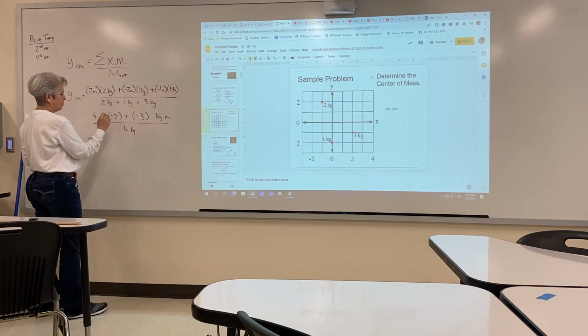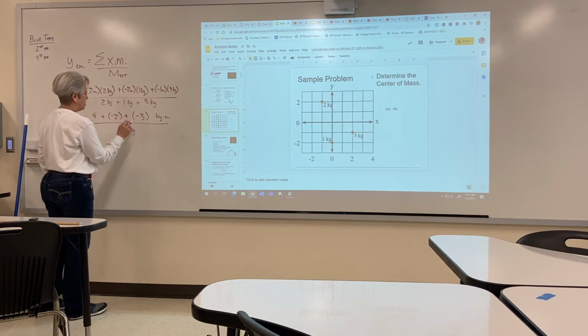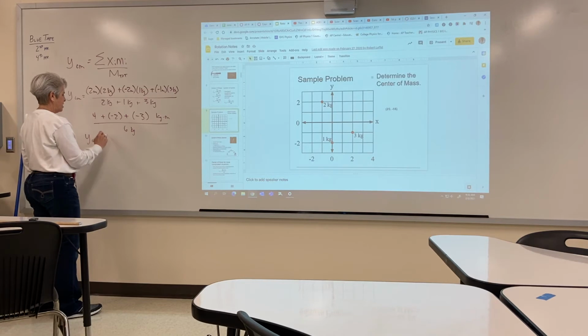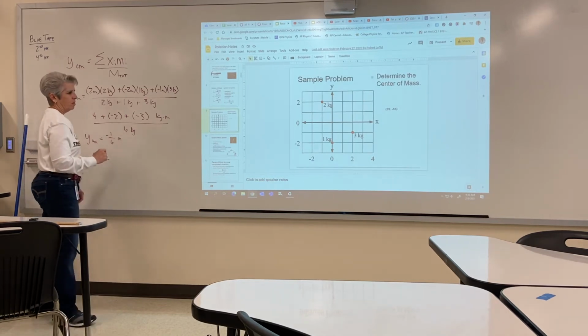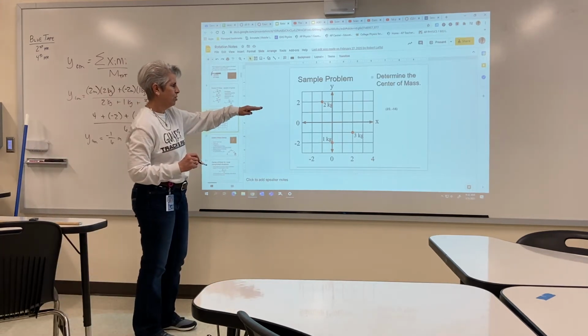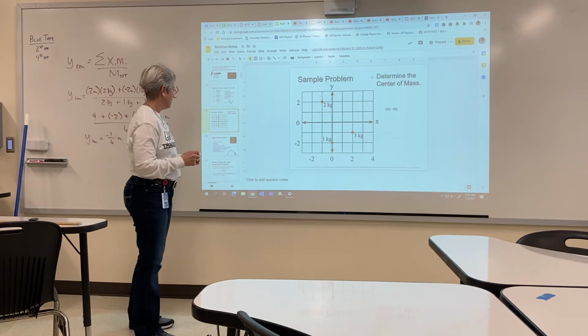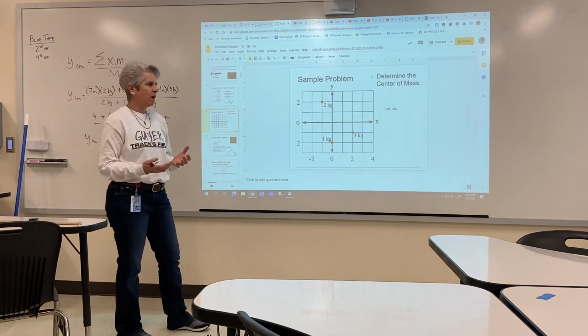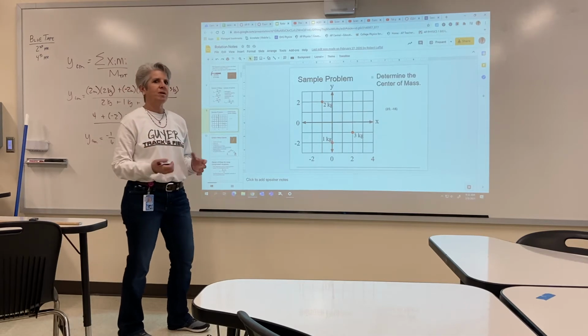So 4 minus 2 is 2, minus 3 is -1, so our Y center of mass is -1/6 meters. So this would be just barely below the origin on the y-axis. And that's how we mathematically find the center of mass. But the key is, I have to have an origin. I have to have some place to measure from.